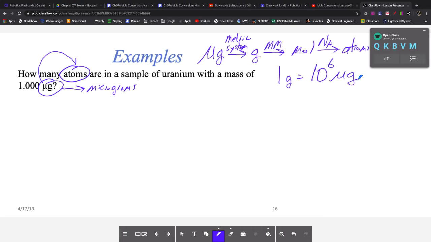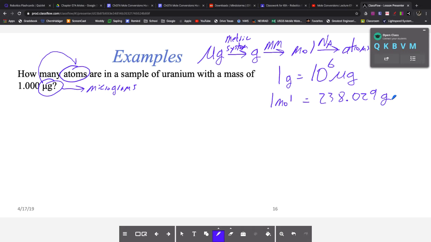Now, our molar mass, that's going to allow us to change from grams to moles, that's on the periodic table because it's an element. We can just look that up on the periodic table. We get 1 mole of uranium is equal to 238.029 grams of uranium.